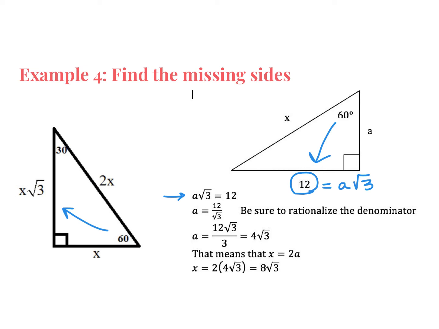Solve for a, divide both sides by root 3. Rationalize the denominator, reduce my fraction. So what that means is my a value is actually 4 root 3. So that would be across from the 30-degree angle. And then my longest side has that ratio of 2a. So I'm going to double that and get 8 root 3. Now I found all angles and all missing sides of that triangle.